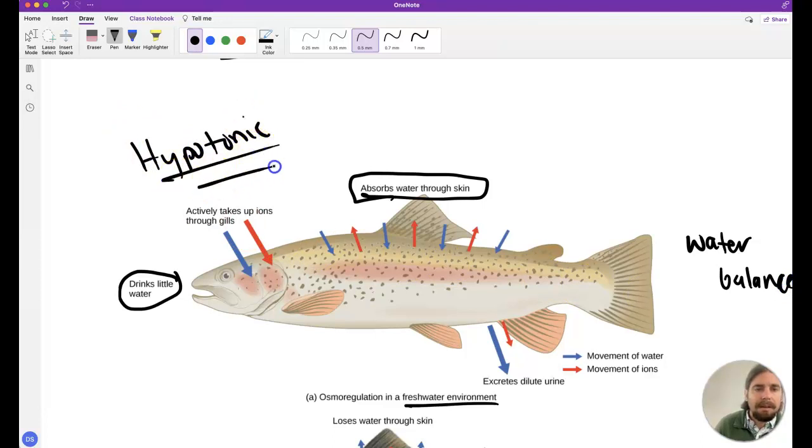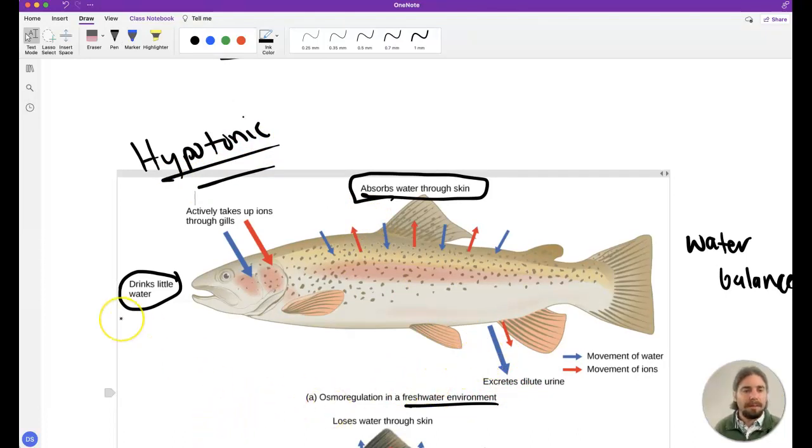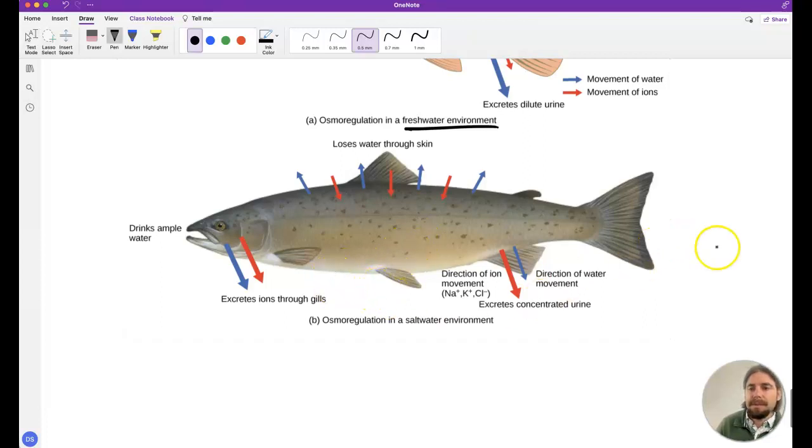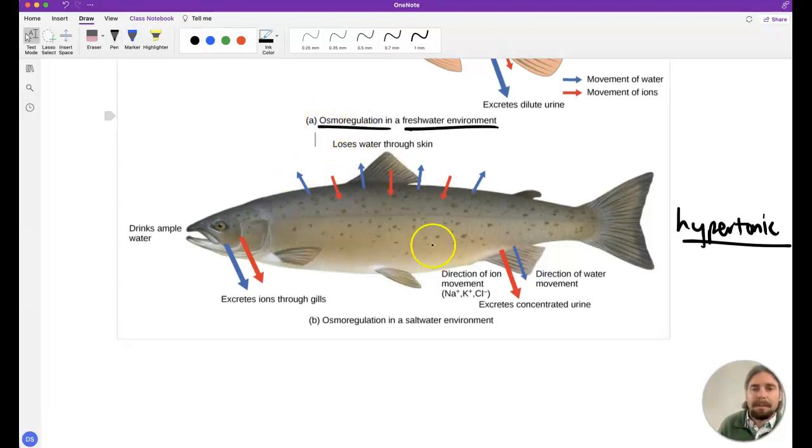And so if they're in a particularly hypotonic environment, then they need extra consideration when it comes to making sure they don't have too much water in their system. When we're talking about saltwater fish, for example, they live in a hypertonic environment. So they're constantly worried about water loss. And so they have adaptations that maximize their own water balance and that challenge their osmoregulation.